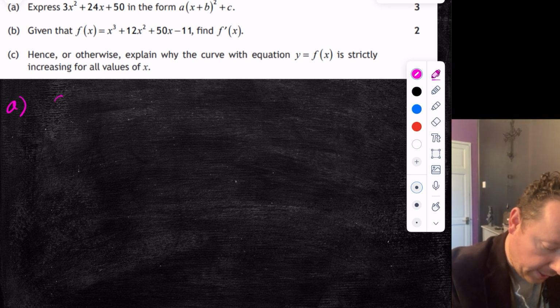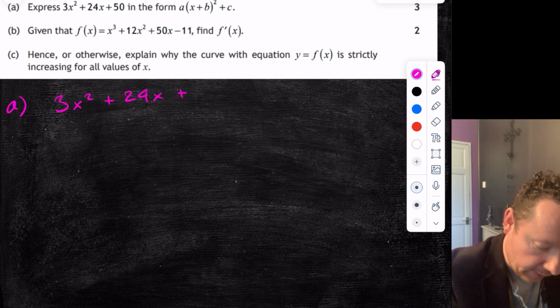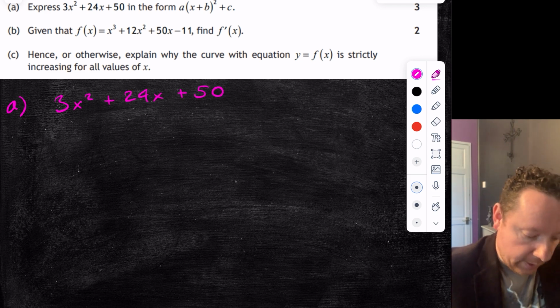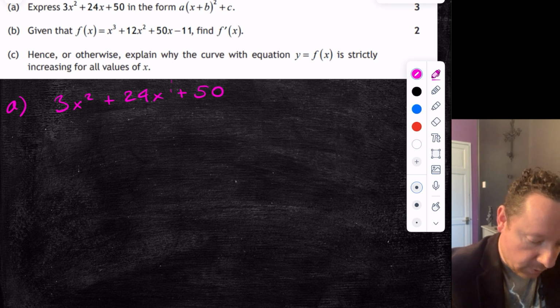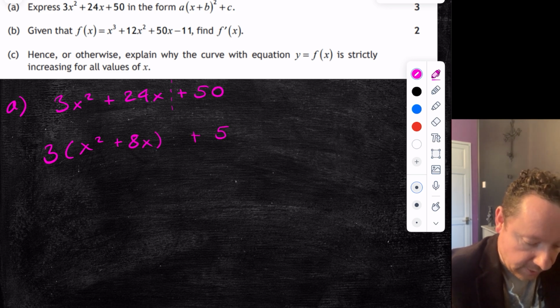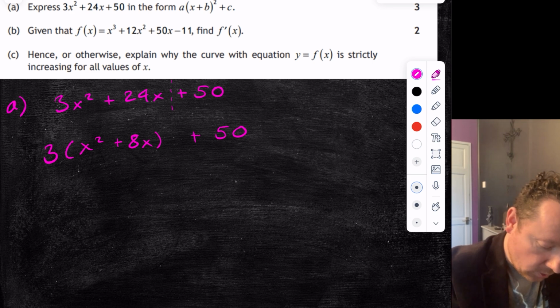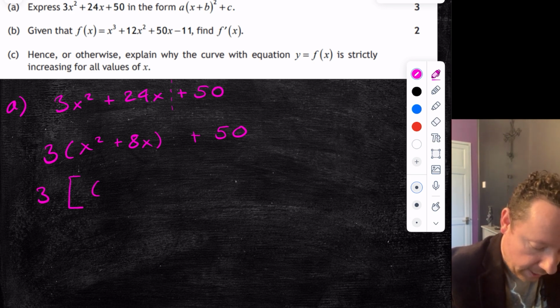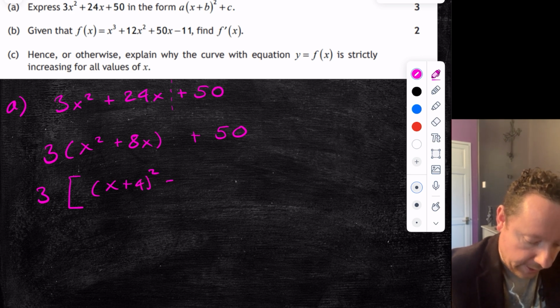So we've got 3x squared plus 24x plus 50. We can just take 3 out as a common factor between the first two terms to get x squared plus 8x, and then leave the 50 where it is, and then just complete the square on that bit. So we've got 3, and then half the middle term, (x plus 4) all squared, and immediately take away the 4 squared.